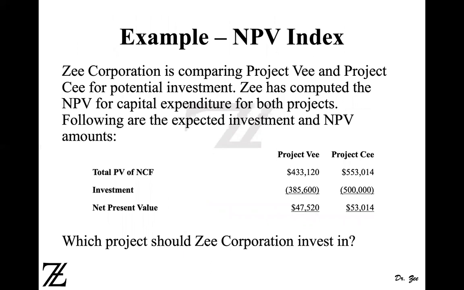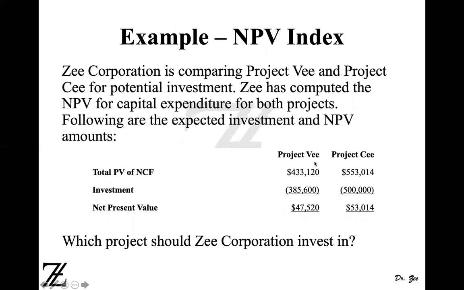So an example of NPV index here is: Z Corporation is comparing project V and project C for potential investment. Z has computed the NPV for capital expenditure for both projects. Following are the expected investment and NPV amounts.